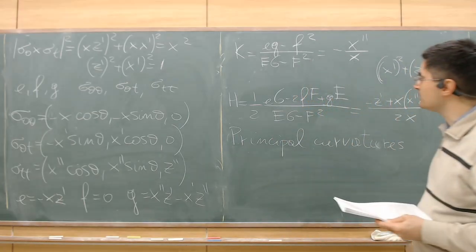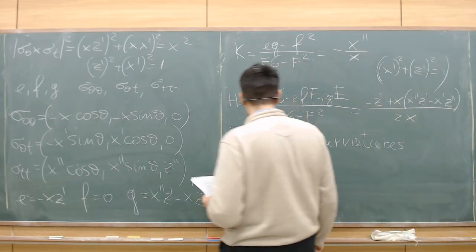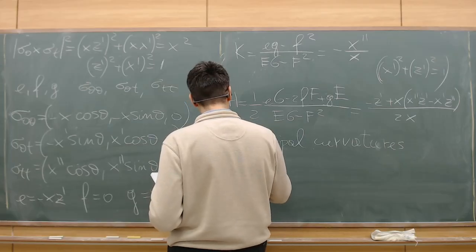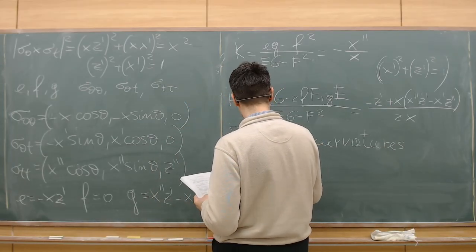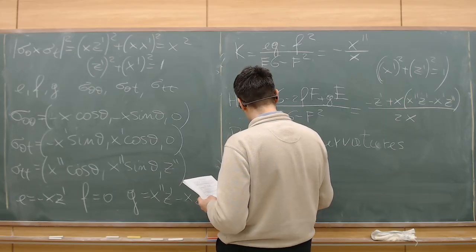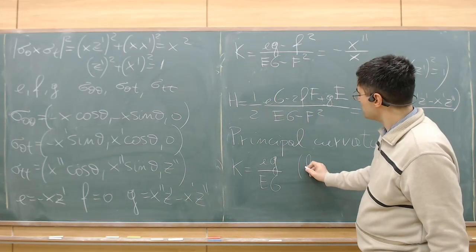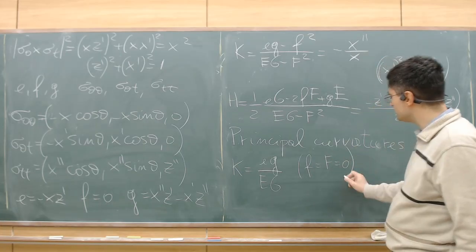Now, in this case, it's easier than usual because K is equal to eg over capital E, capital G. This is true because f is equal to capital F equal to 0.